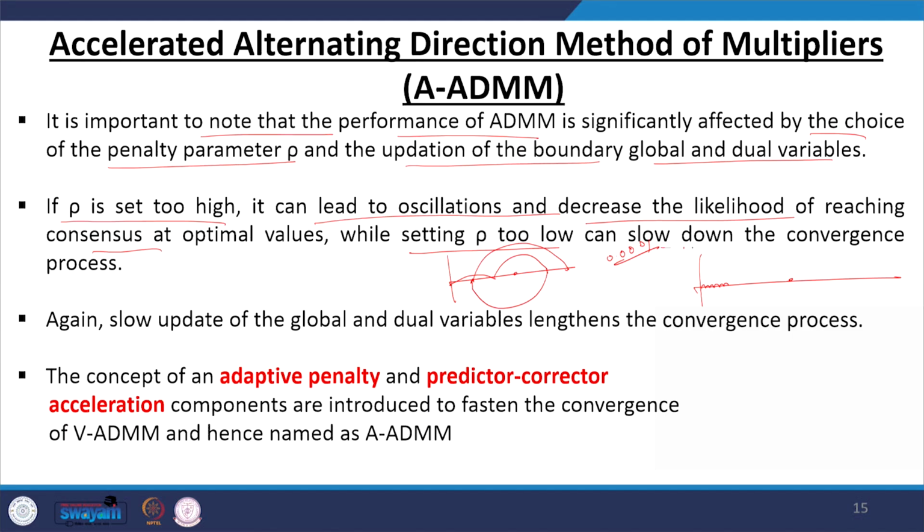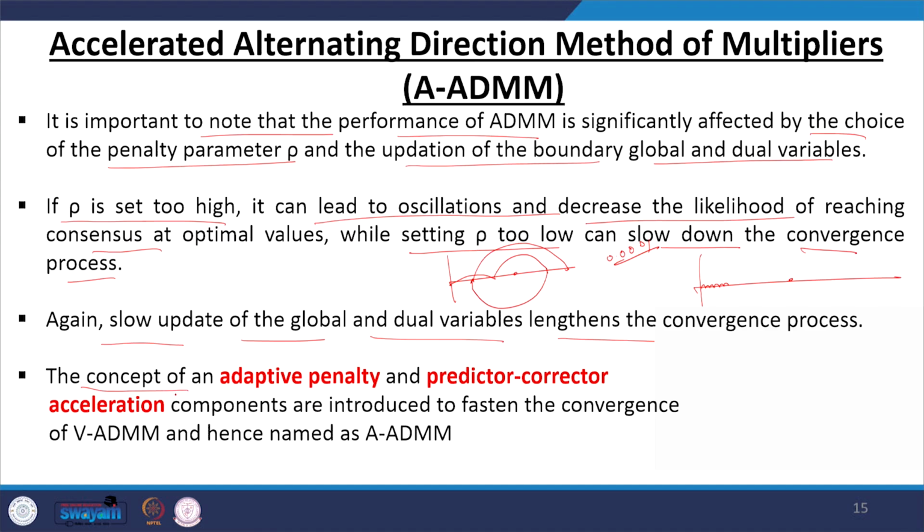So, that will slow down the convergence process. Again, slow update of the global and the dual variables lengthens your convergence process. That means if your updation of your dual and global variables is not very fast, if it is slowly updating, then your convergence will become very slow.